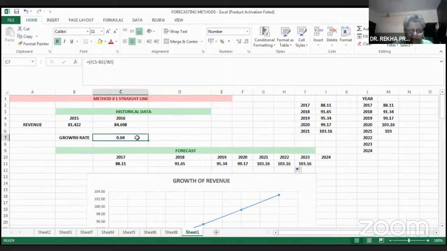This has to be copied, then only it will change.